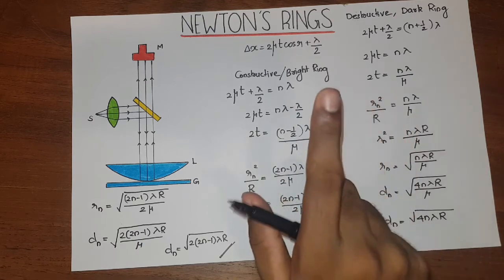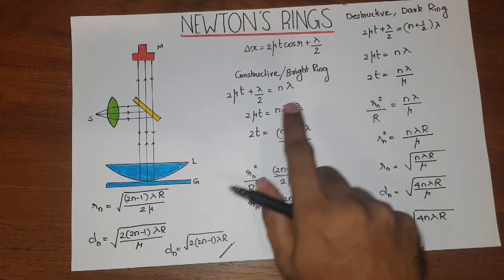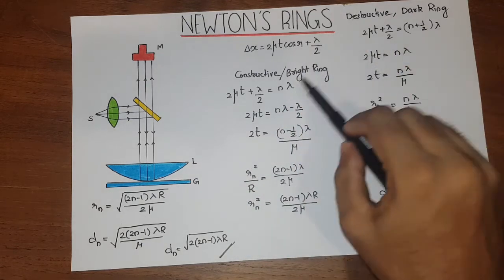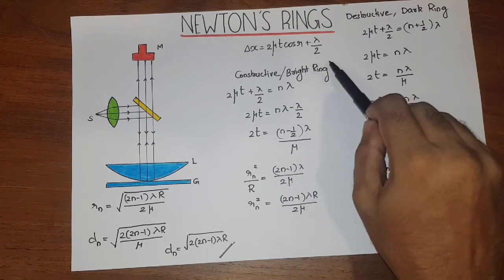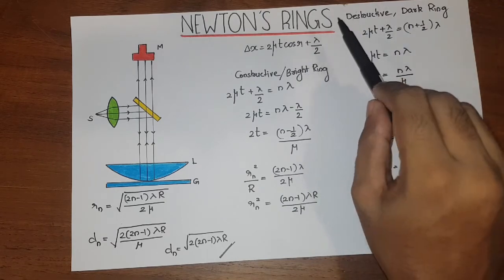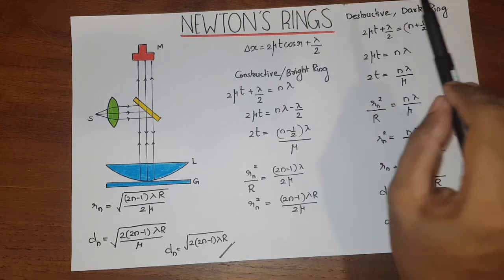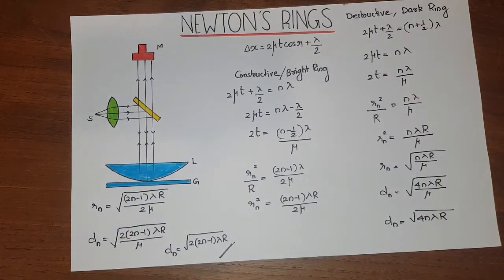So if you observe a fringe, it will be in the form of a circle. That is why I call the fringe a ring. So instead of dark and bright fringe, I call it dark and bright ring, which you can observe from the microscope. So these are the major conditions of Newton's ring.